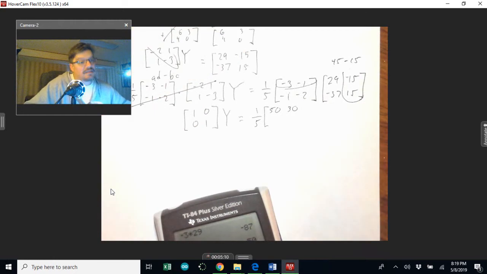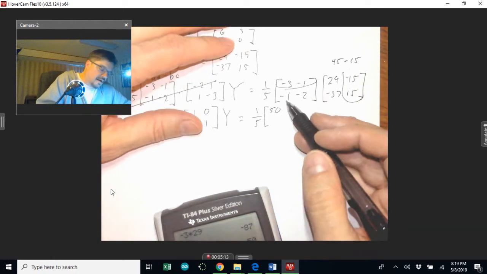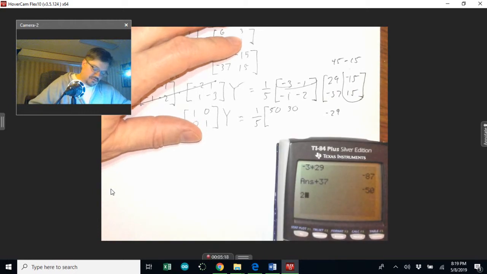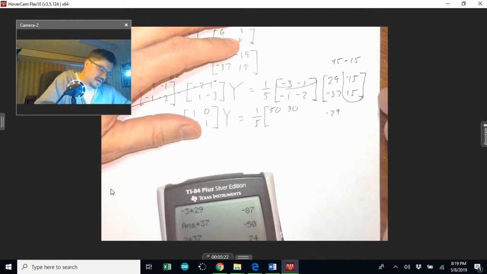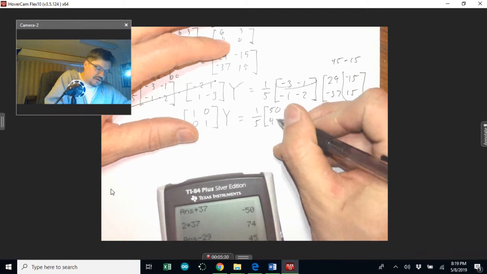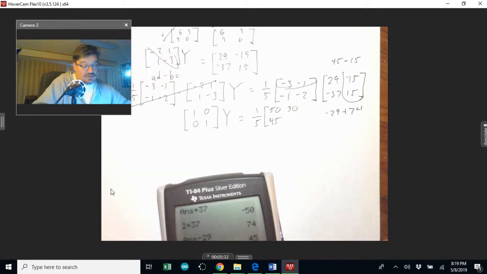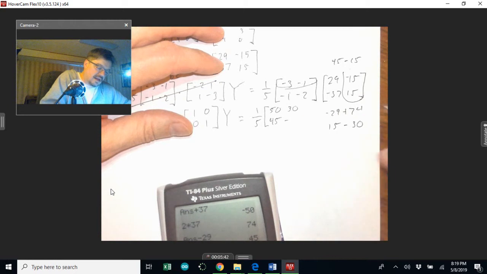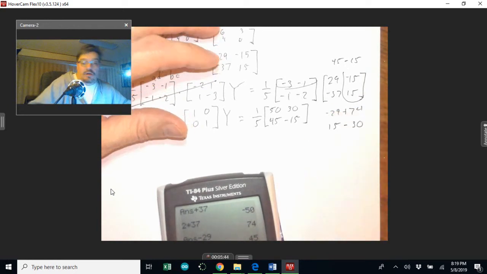Divisible by 5. Negative 29 plus, what's 2 times 37? I want to be careful, 74, so that would be a positive 74. What's 74 minus 29? It's 45, also divisible by 5. I know I'm on the right track. And then finally, positive 15, and then a negative 30, and that would give me negative 15. All are divisible by 5.